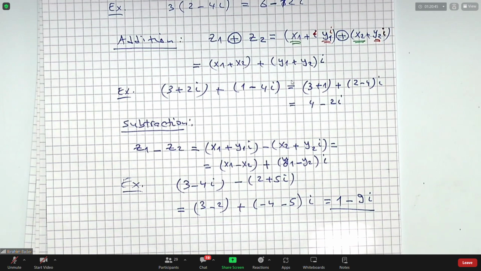Any questions so far? I always forget the students online. Okay, the angle is always measured anti-clockwise. There were questions regarding the angle. If you get a negative sign, it means it's measured clockwise from the x-axis to the line connecting the origin and your point.